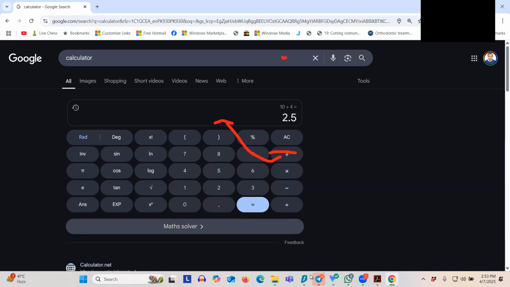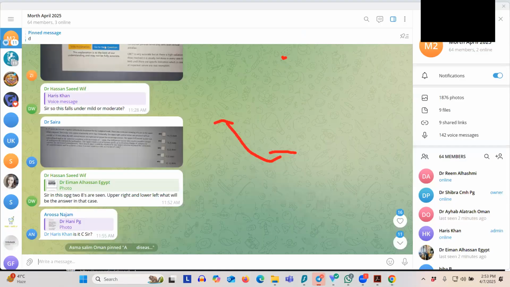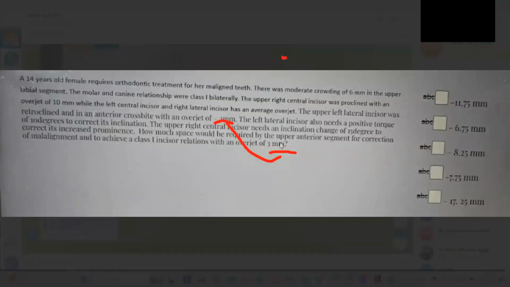So previously we have 3.5, that was minus 3.5. Now we have plus 2.5. So that will become minus 1.5. Correct. Yes, sir.